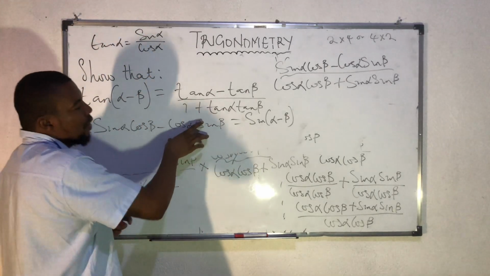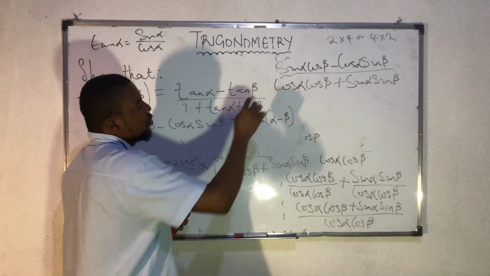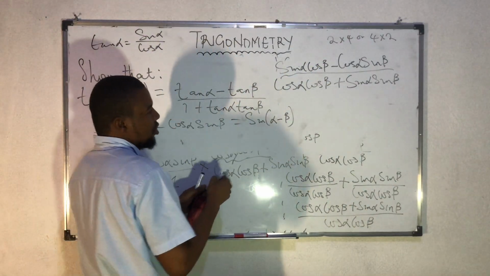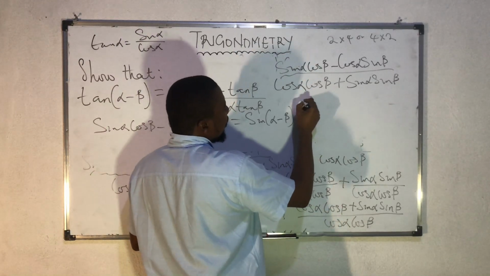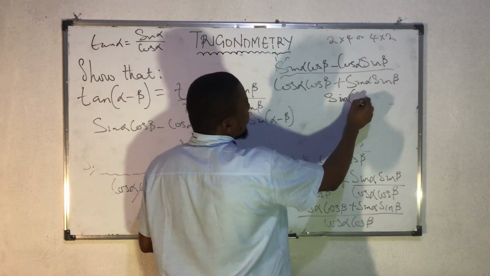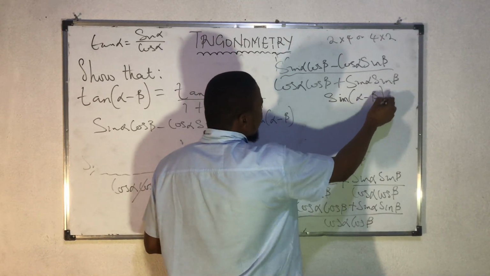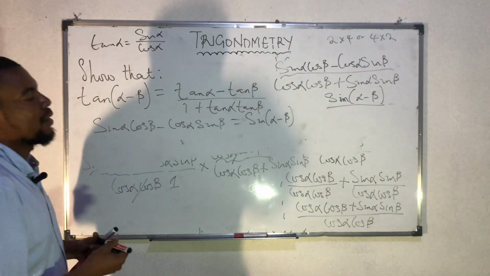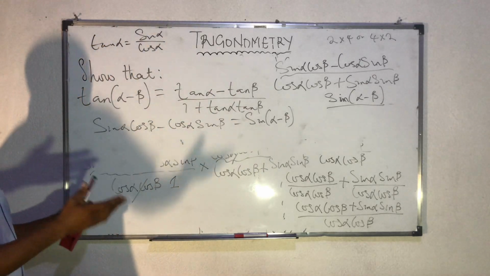Therefore, since this is equal to this, we're now going to replace the numerator with sine alpha minus beta. We have sine alpha minus beta over the denominator, which is also an identity. And what is that identity?